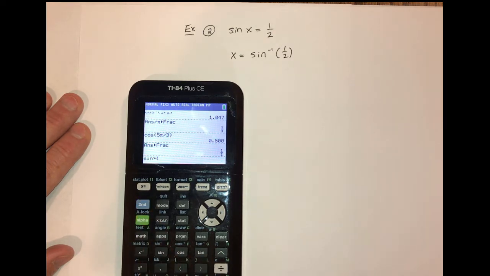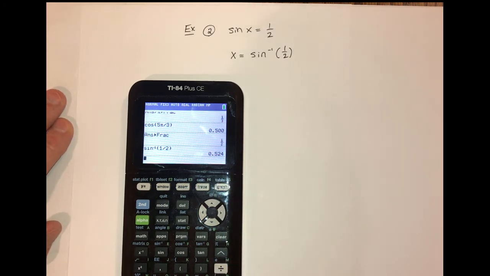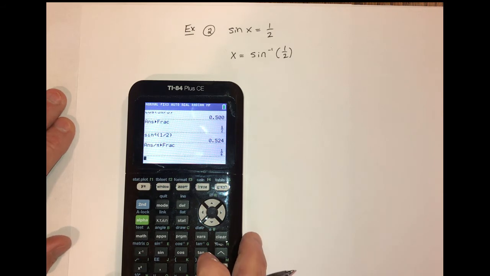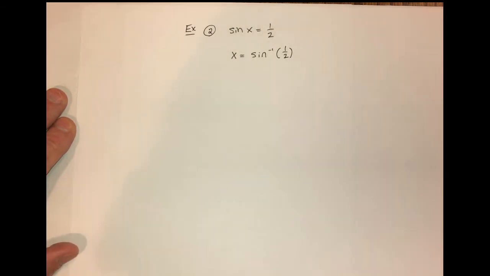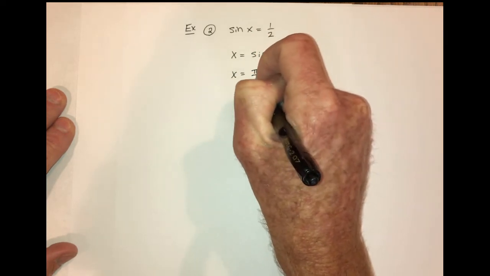And then this is probably pi over something. So to find out, hit divide by pi and convert that to a fraction. So it turns out it is 1/6 of pi, or pi over 6 is one answer.